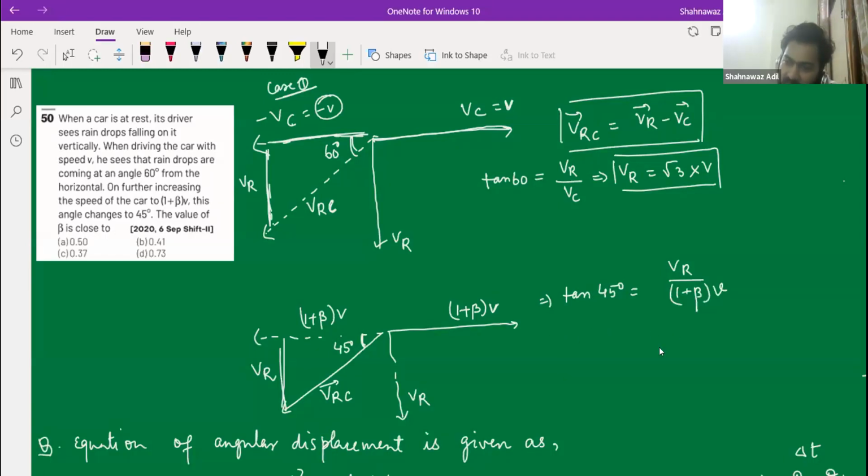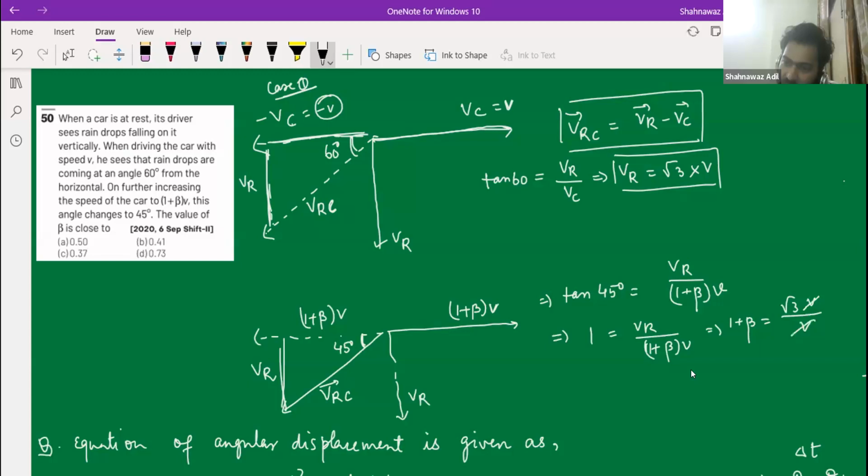So tan 45 is 1. This is the VR, and then 1 plus beta v. So 1 plus beta goes to the other side, and VR we have calculated as v divided by this, how much v. So beta is 3.